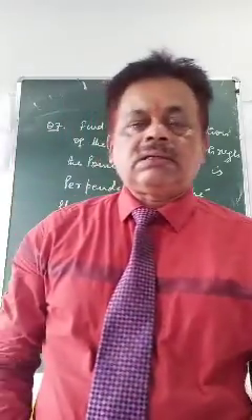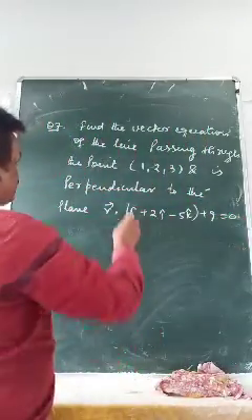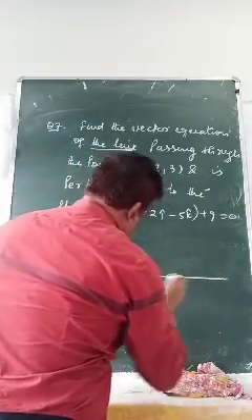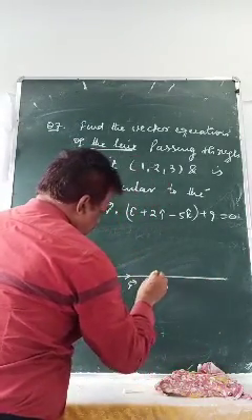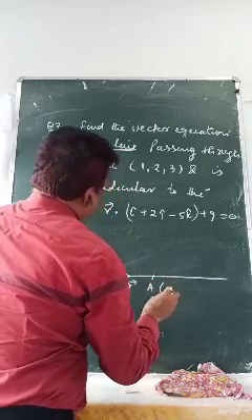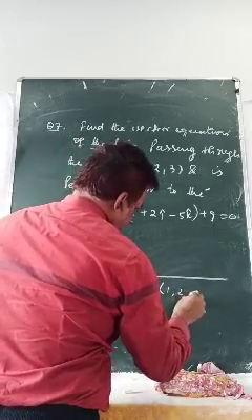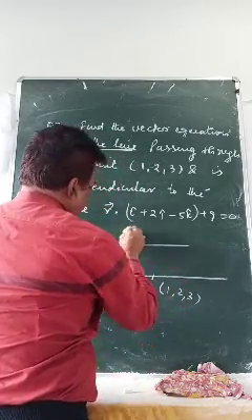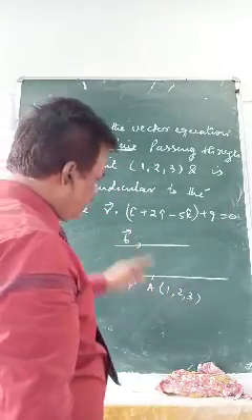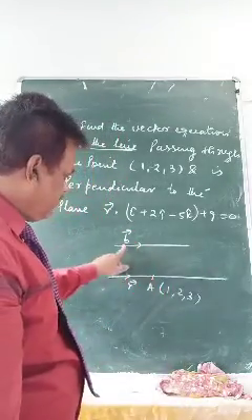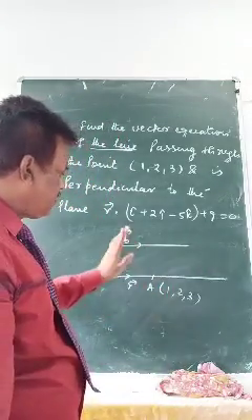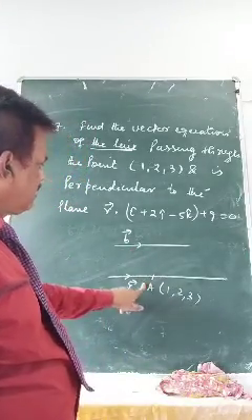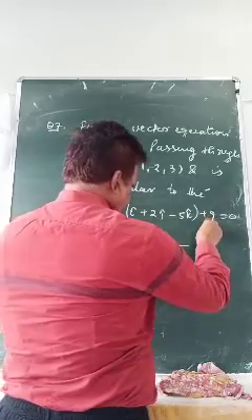Here you need your concept to be clear. When you talk about a line, you have the r vector passing through a point, that is 1, 2, 3, and it should have a parallel vector b. This b is not given. If b is given, you can write r is equal to a plus lambda b. Instead of b, what is given? This line is perpendicular to a plane.